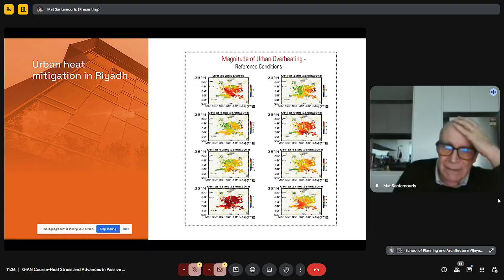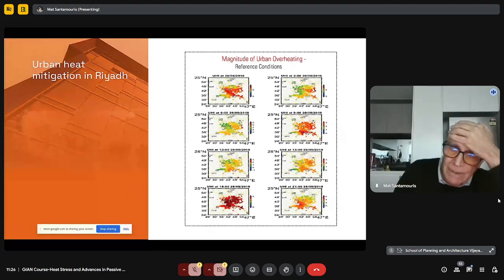What is the urban heat island intensity? It is the difference of the different parts of the grid, the different parts of the city, against the defined reference station. And we've done this for the whole period. And you can see, for example, that during the night, urban heat island intensity is close to 3 or 4 degrees.